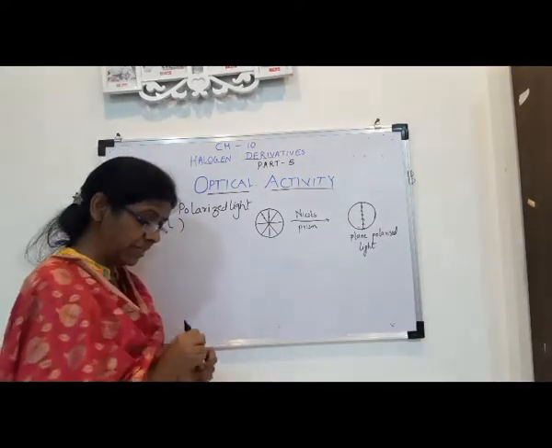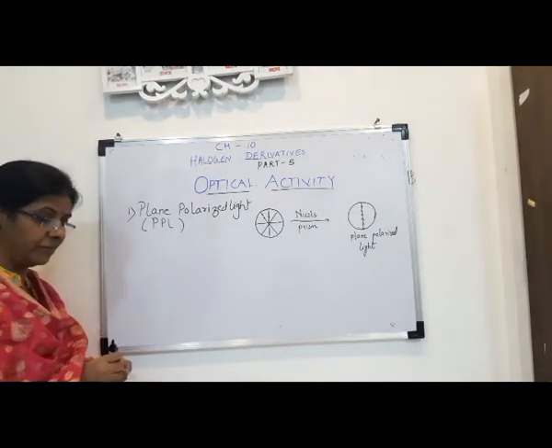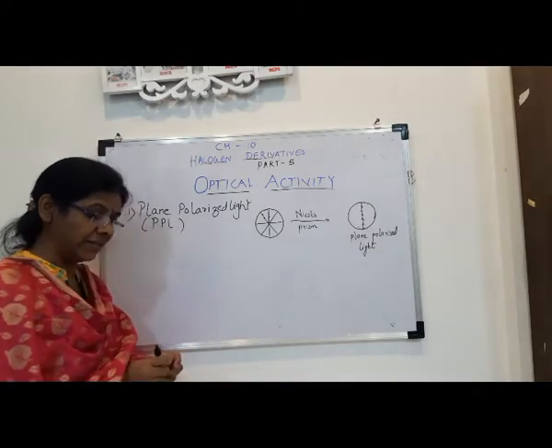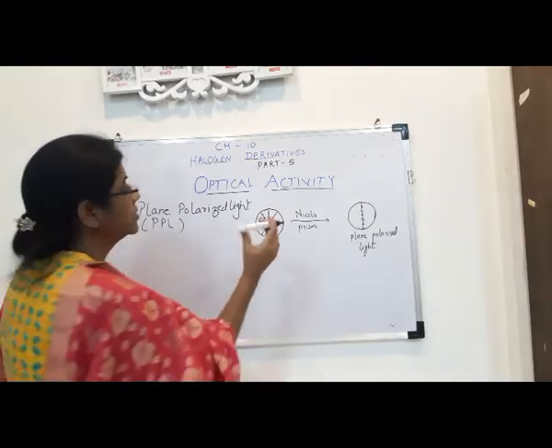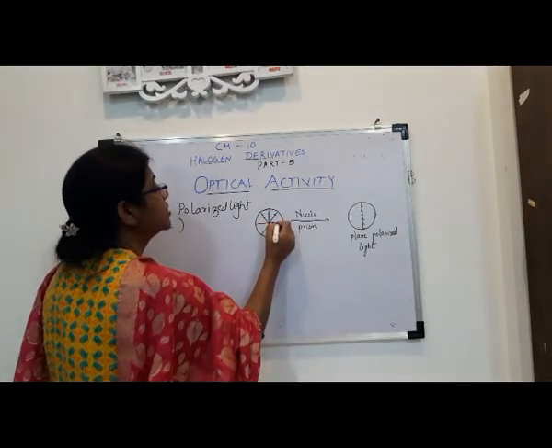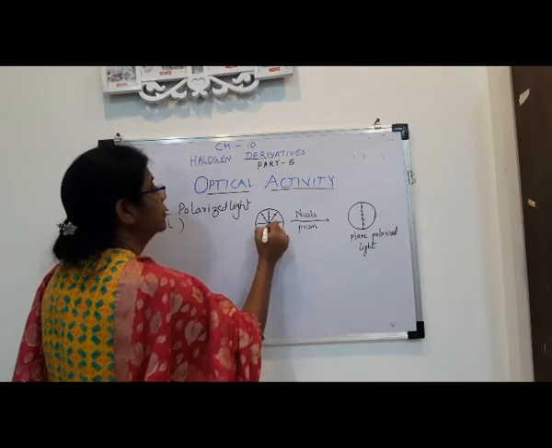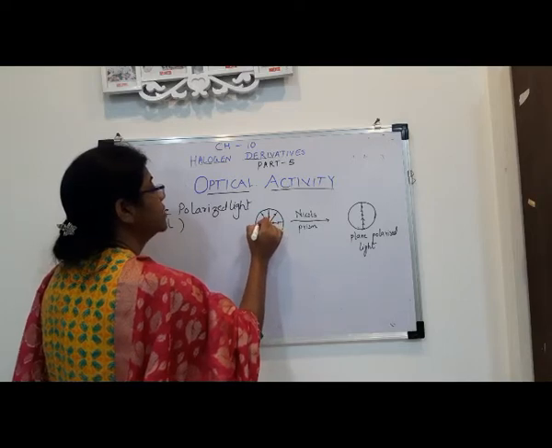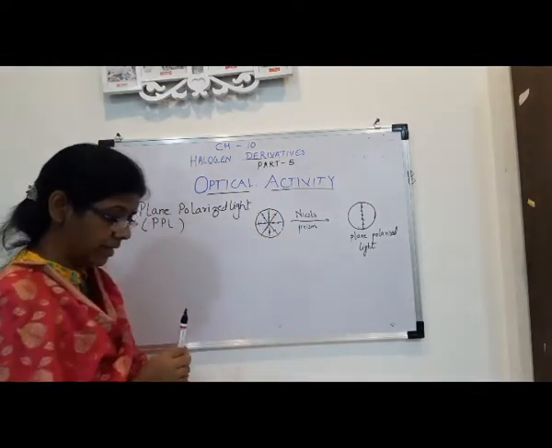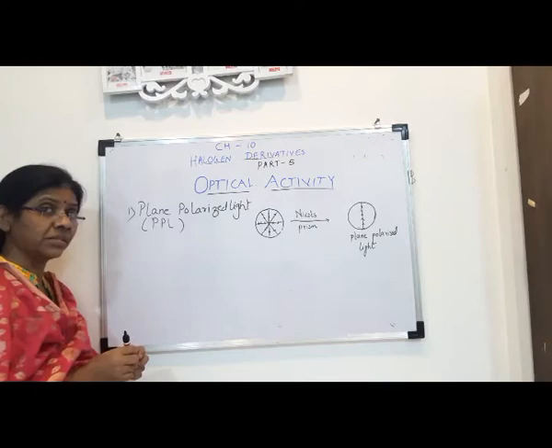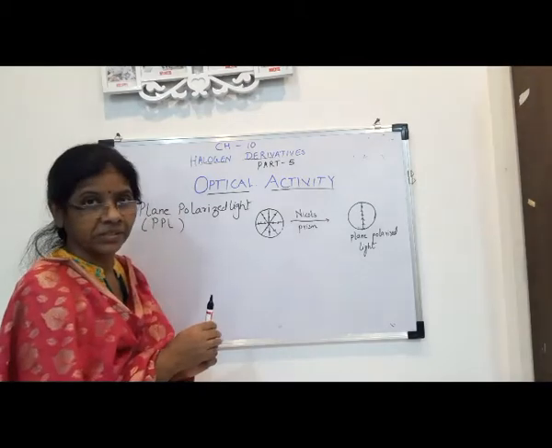This ordinary light has oscillations of electric as well as magnetic field in all possible directions, as shown here.